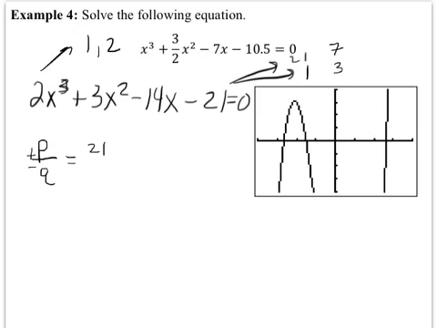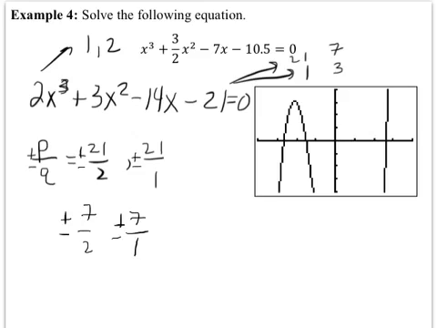Let's try 21 over 2, or 21 over 1. Then the second possibility goes to 7. So we could have 7 over 2, or 7 over 1.